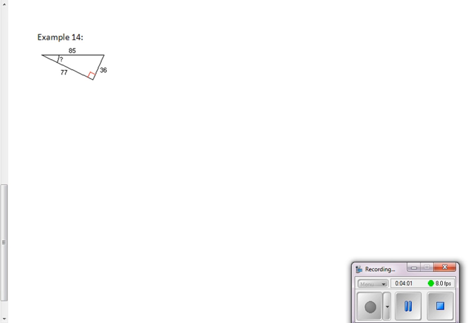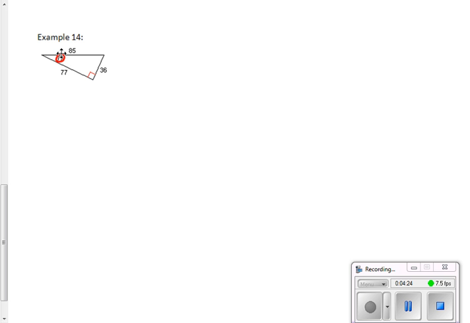Example 14, notice we actually know all three sides here. So there's a couple ways you should be able to solve this, and it really doesn't matter which one you choose to use. You could use tangent, or you actually could use cosine. Here's the angle that we need to find out.